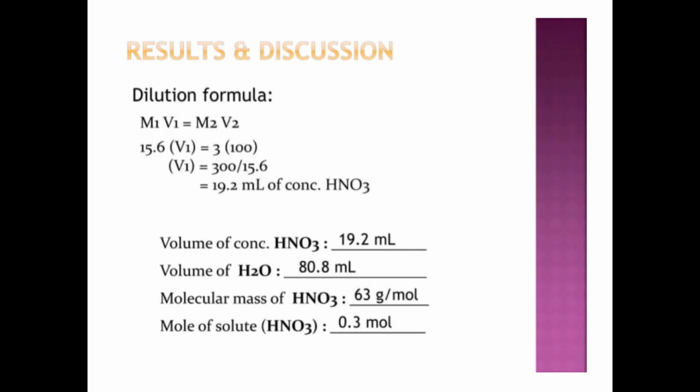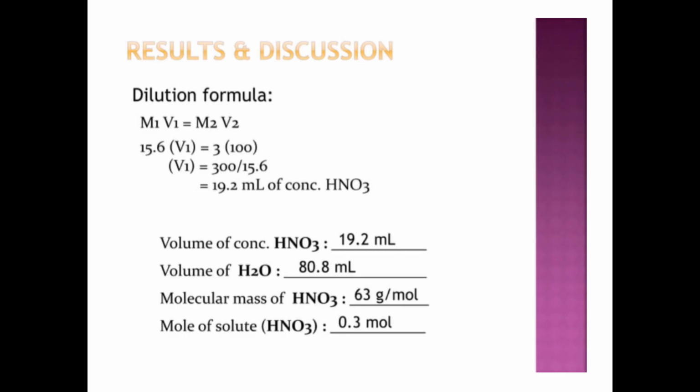So you can also say 90.2 centimeter cube of HNO3. That's the volume we want to use. That's the volume of conc HNO3 that we want to use. So the volume of conc HNO3 is 90.2 ml or 90.2 centimeter cube.